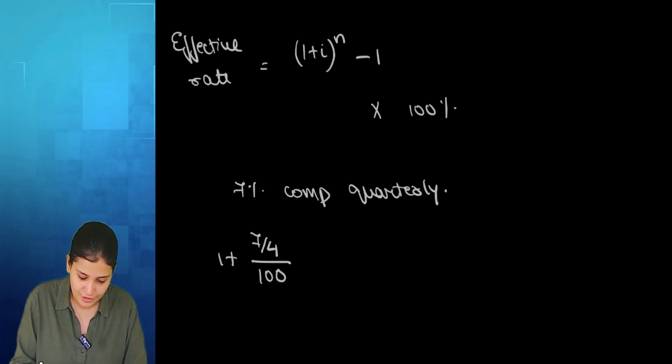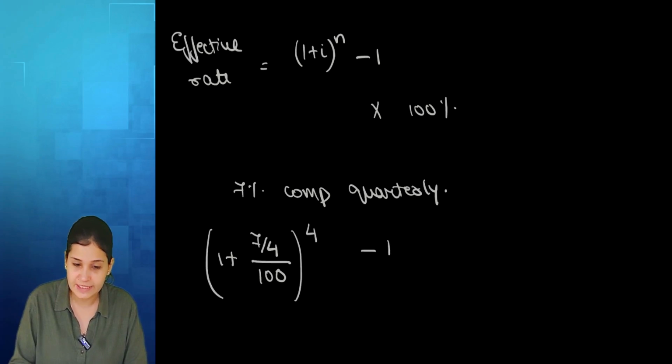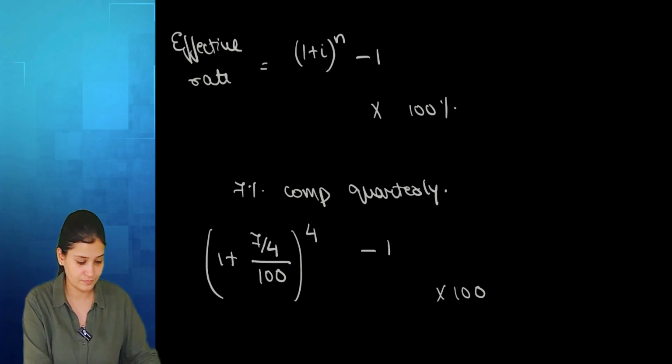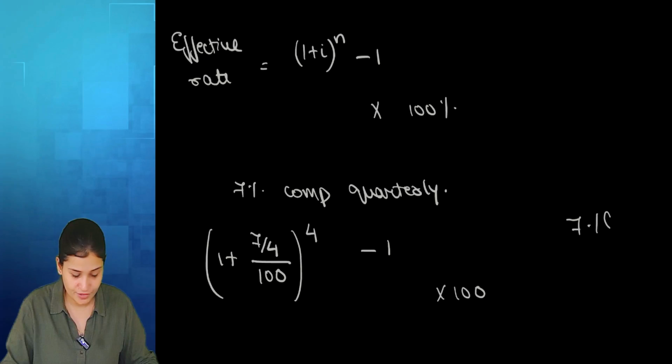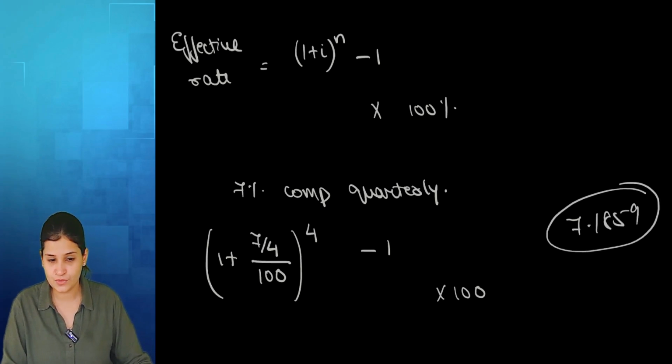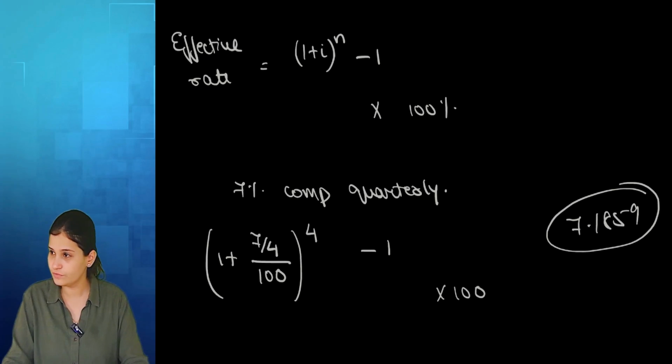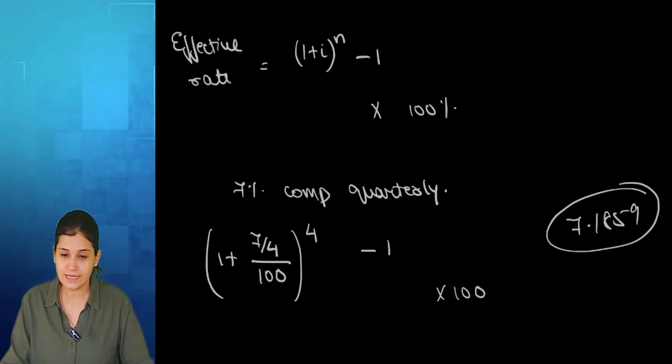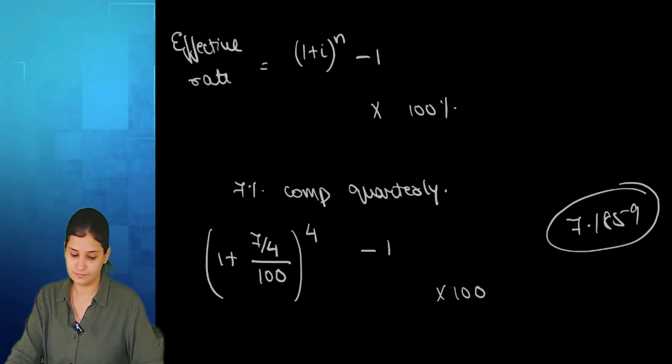Then add 1 to it and then raise it to the power 4. Subtract 1 from the answer and then multiply it by 100. 7.18. 7.1859 something. Any doubts? No.